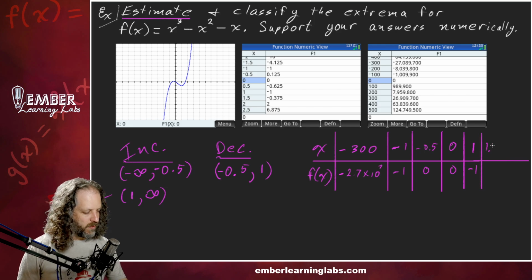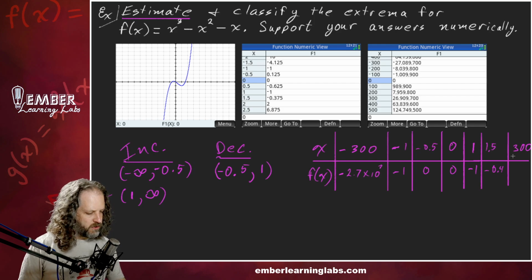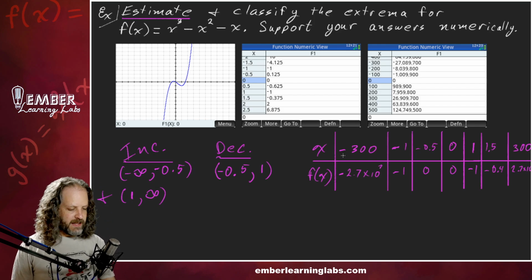And then at 1.5, it is at -0.4. And then something over here, so let's do 300 again, why not? It is at positive 2.7 times 10 to the 7th, right? So that's what's going on here.